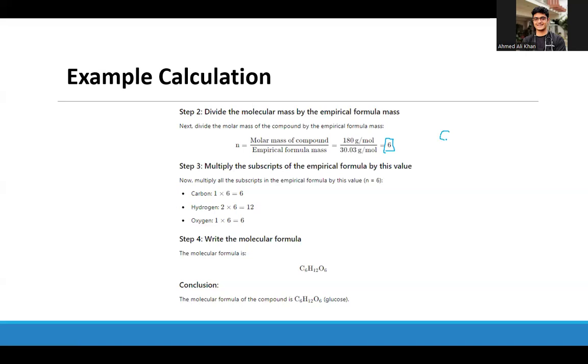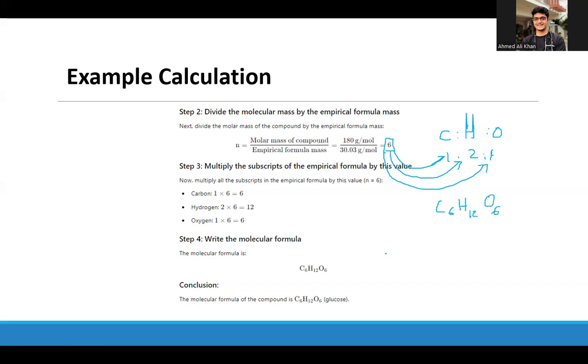The empirical formula which was given was CH2O, so 1, 2, 1. You multiply 6 with 1, 6 with 2, and 6 with 1 again. That gives you C6H12O6.